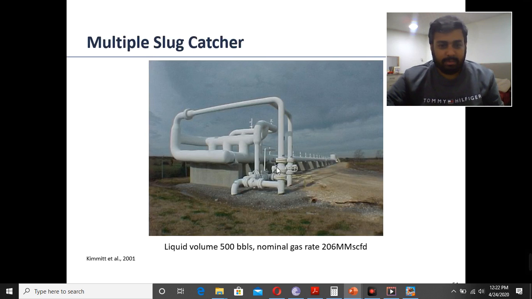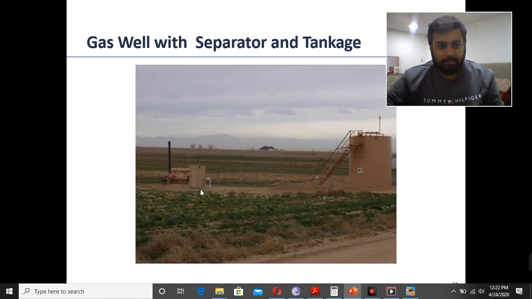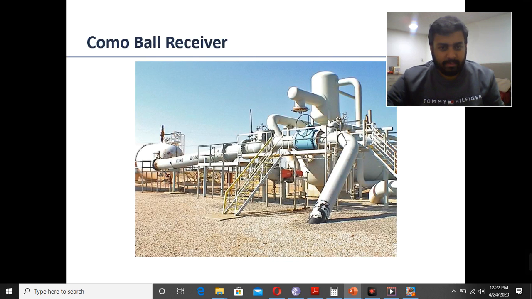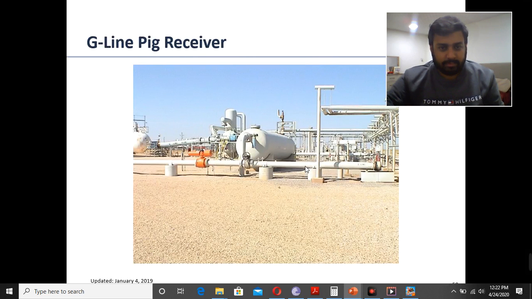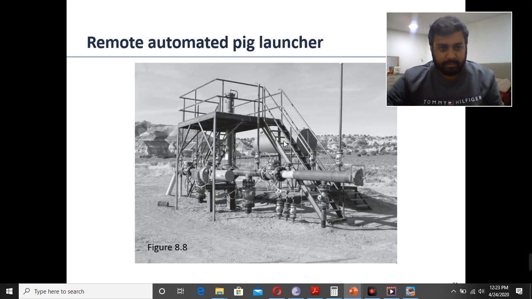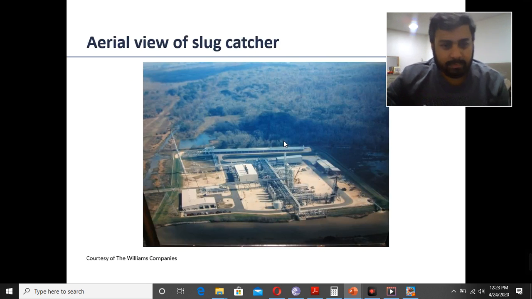Here, this is the slug catcher actually, as I showed you in a video. You can see these are the small storage tanks, and this is the well here. This is the metering and the gas well here. Separators, pig receivers, pig launchers.